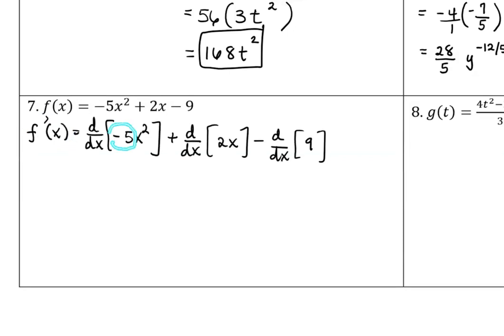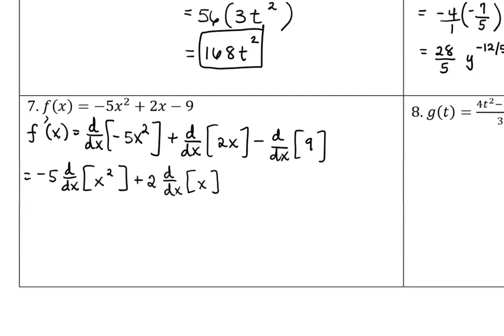So back to where we were, I'm going to pull this constant of -5 out in front of this derivative operator. In the second term, I am going to pull the constant of 2 out in front of the derivative operator. And in the last term, the derivative of 9 is simply 0, and so I will put a -0 here.